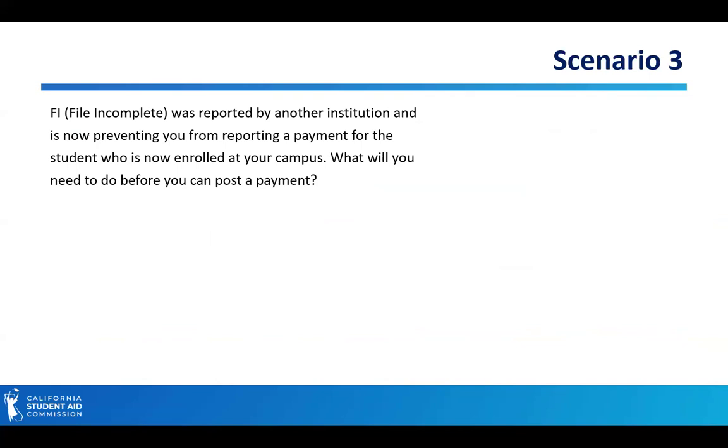Scenario 3. FI was reported by another institution, and now you are trying to make a payment, but it is preventing you from making that payment. What should we do?